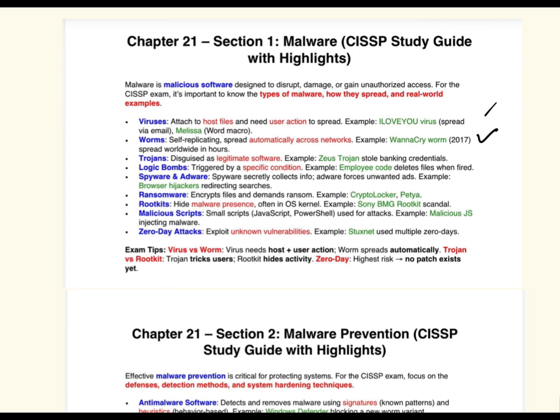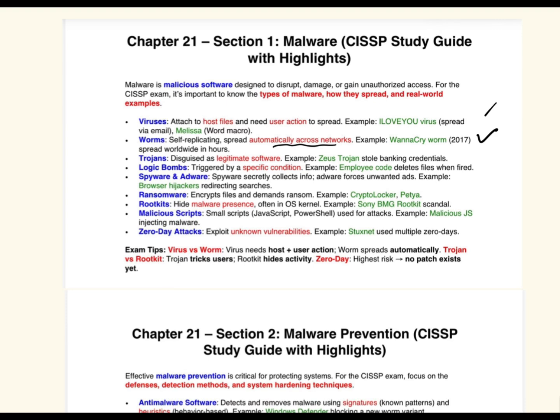They can rapidly consume bandwidth and cause large-scale infections. A very famous example is the WannaCry worm in 2017, which spread globally in hours. They spread automatically, no user needed. That is important to know.